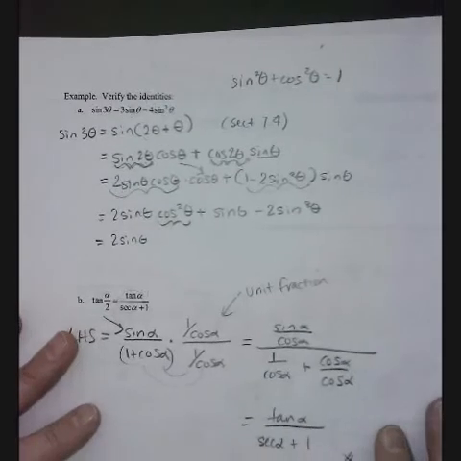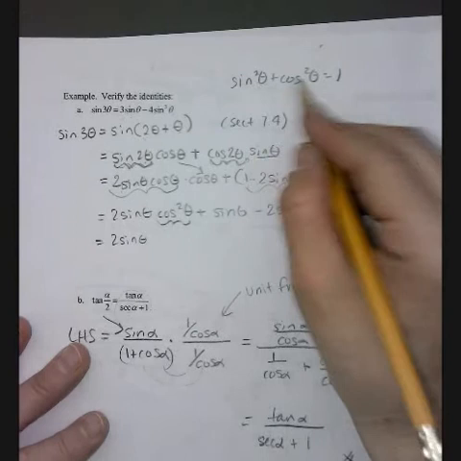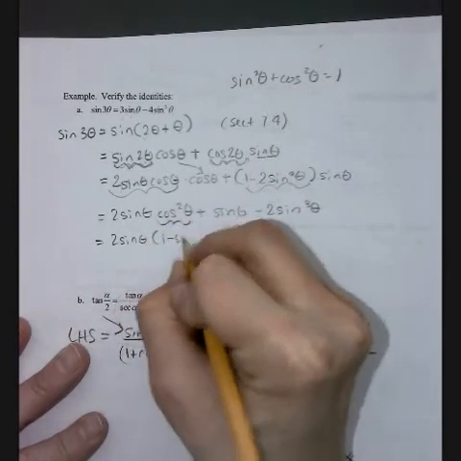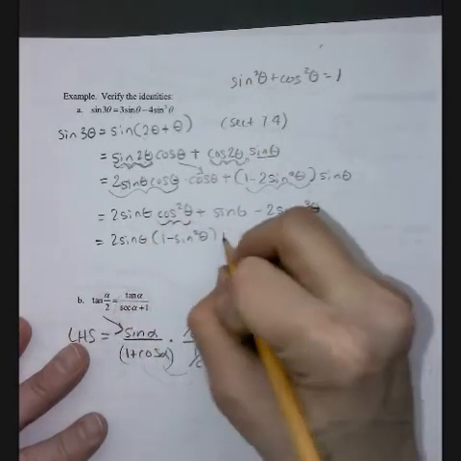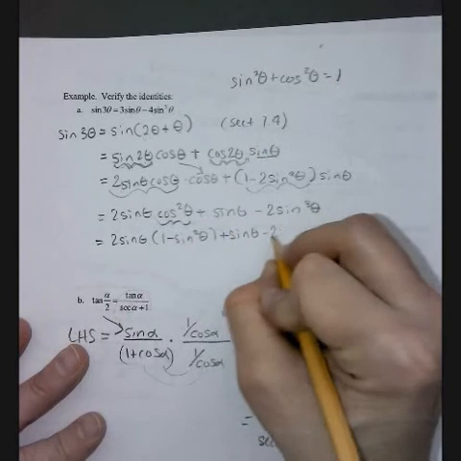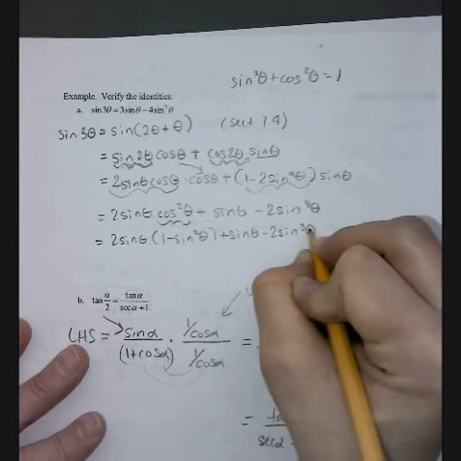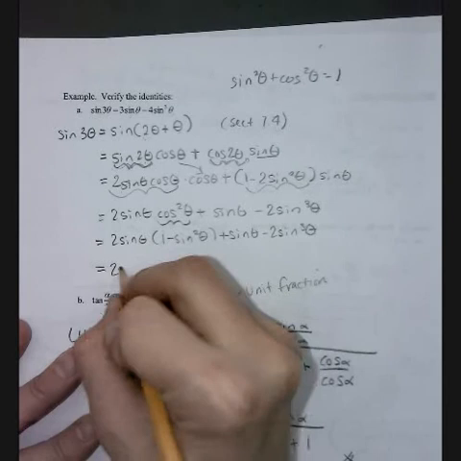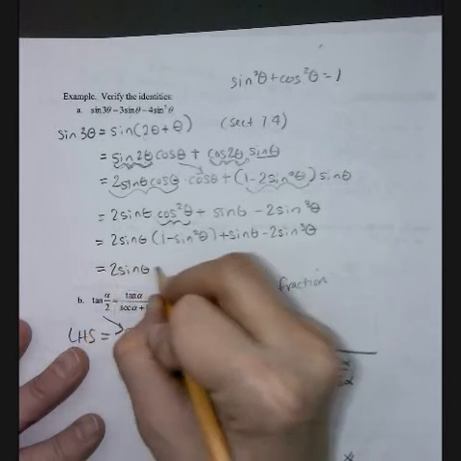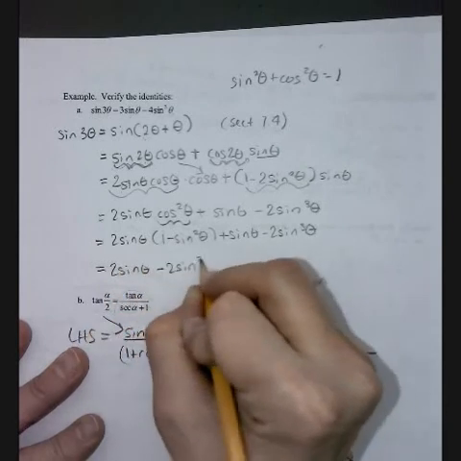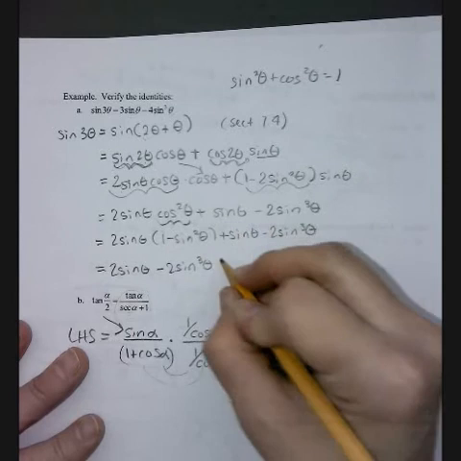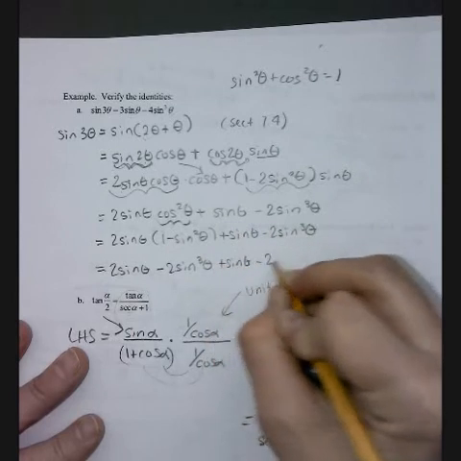So of course cosine squared theta is 1 minus sine squared theta. So now we have 2 sine theta minus 2 sine cubed theta plus sine theta minus 2 sine cubed theta.